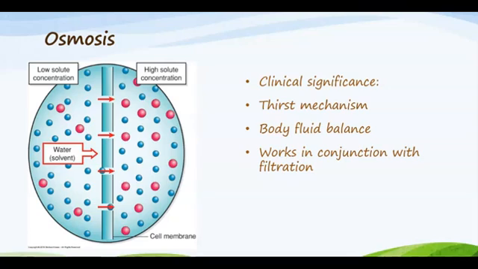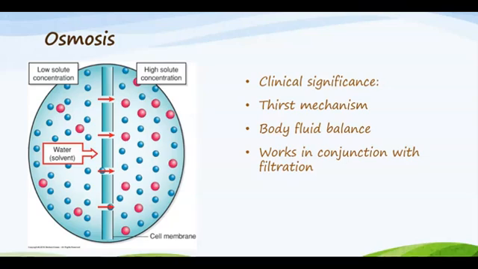Now, it's important to remember when we talk about osmosis that we are talking about a semi-permeable membrane. You want to remember that what we're looking at is just the movement of water or fluid through that semi-permeable membrane without moving the solutes themselves. The solutes are actually what is creating this gradient.